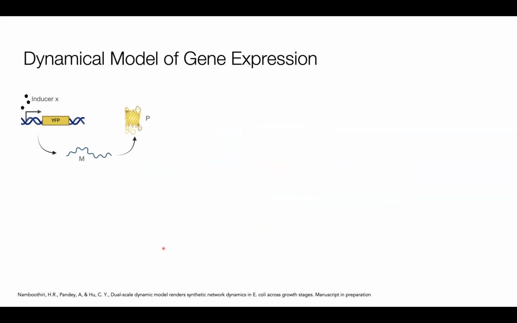If we have a promoter that's inducible by X and is driving GFP, we produce an mRNA, and the mRNA gets translated into a protein.